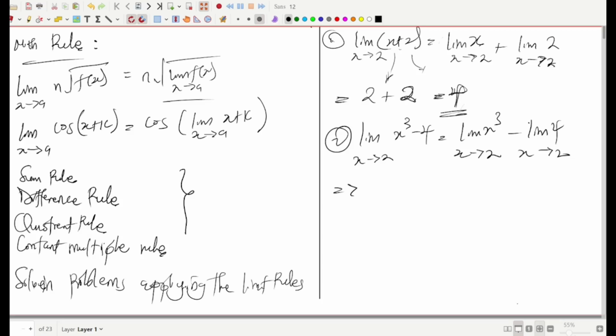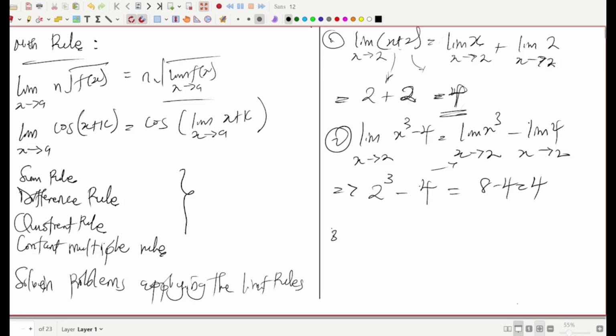For the first one, we can just do a direct substitution, so we have 2 raised to the power 3 minus, as I said, the limit of a constant, the constant itself. So the limit of 4 as x approaches 2 is 4. What do we get from here? 8 minus 4, and we have 4. This is quite simple.